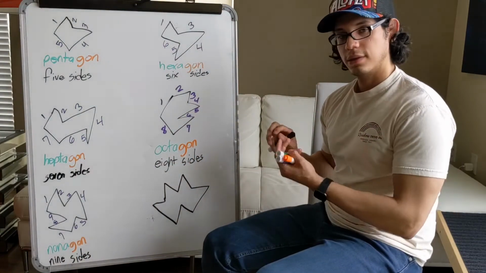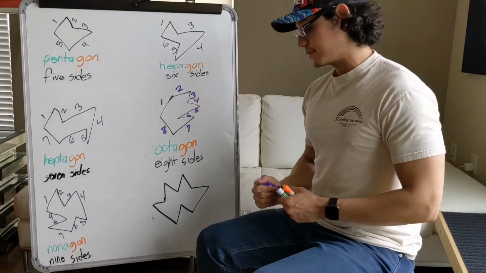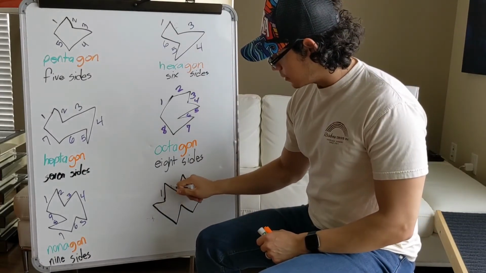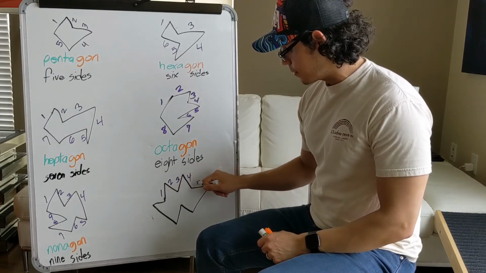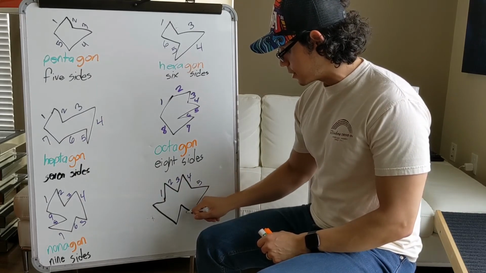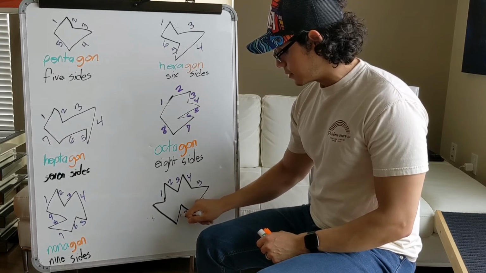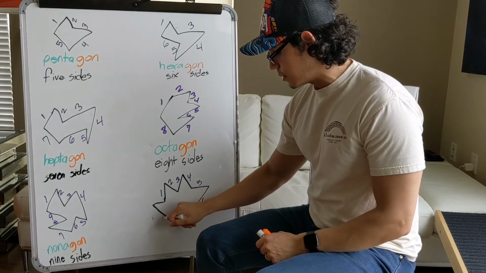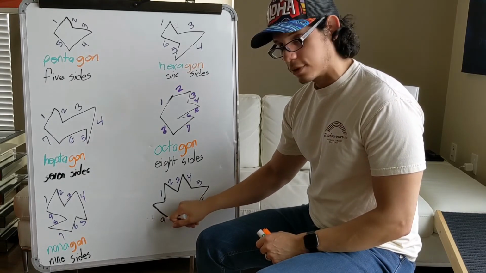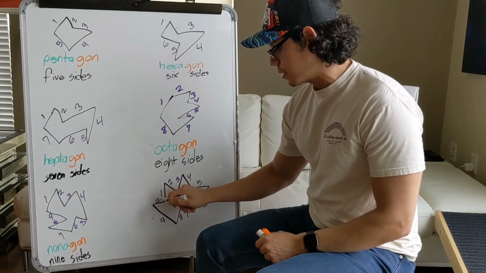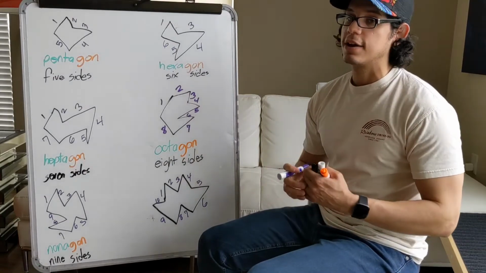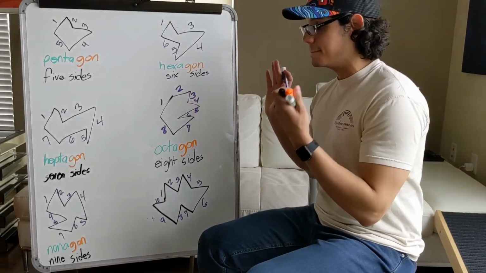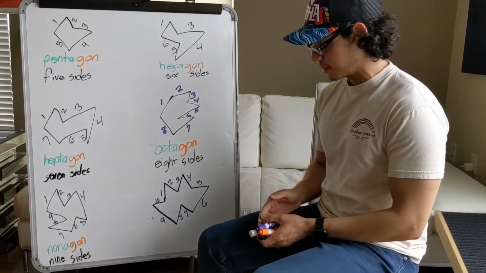All right. Next shape. Let's count the sides. 1, 2, 3, 4, 5, 6, 7, 8, 9, and don't forget 10. Don't forget to count all of the sides. Be very careful you don't miss any, or you might miss the name of the shape.